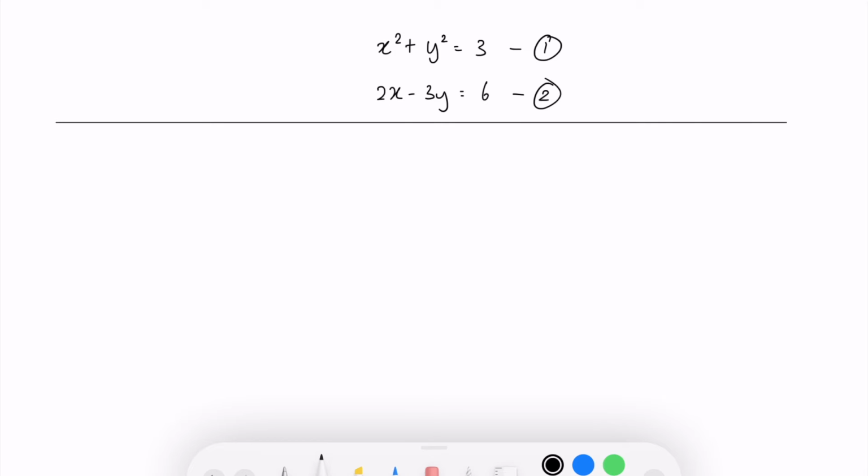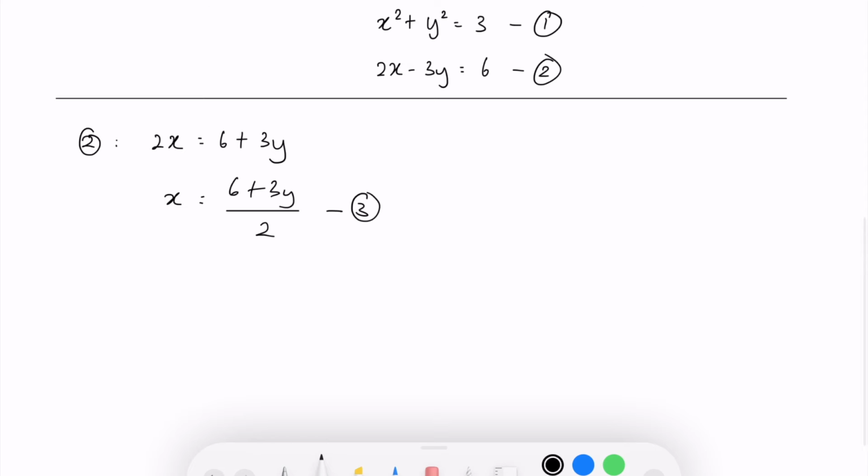Why not? So from equation 2, I will have 2x equals 6 plus 3y. And now x equals 6 plus 3y over 2. That is going to be equation 3. Now, I know what x is. Well, in algebra, I can still pretend I know what it is and put it into equation 1 because I haven't used that.